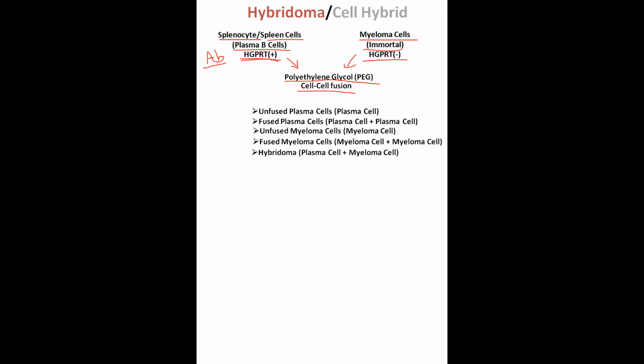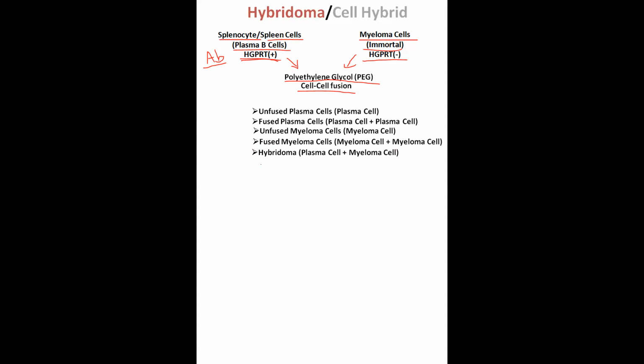There are the unfused plasma cells, meaning there is only one plasma cell. There are the fused plasma cells, where we can see two plasma cells together. There are the unfused myeloma cells, and the fused myeloma cells, meaning two myeloma cells fused together.